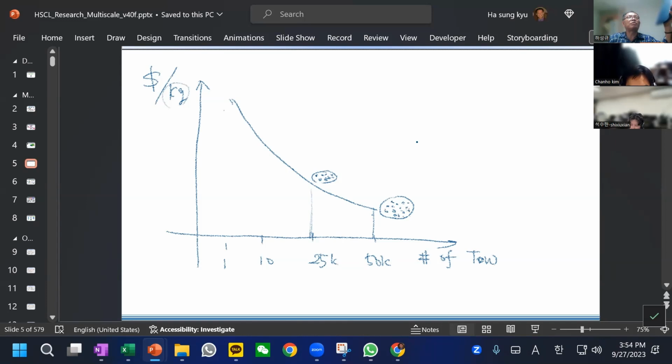Imagine these two toes, the price will be the same if this is 50% cheaper. Cheaper means that in terms of dollar per kilo, and one toe, they will be the same price, right? 25K or 50K. So that's why.